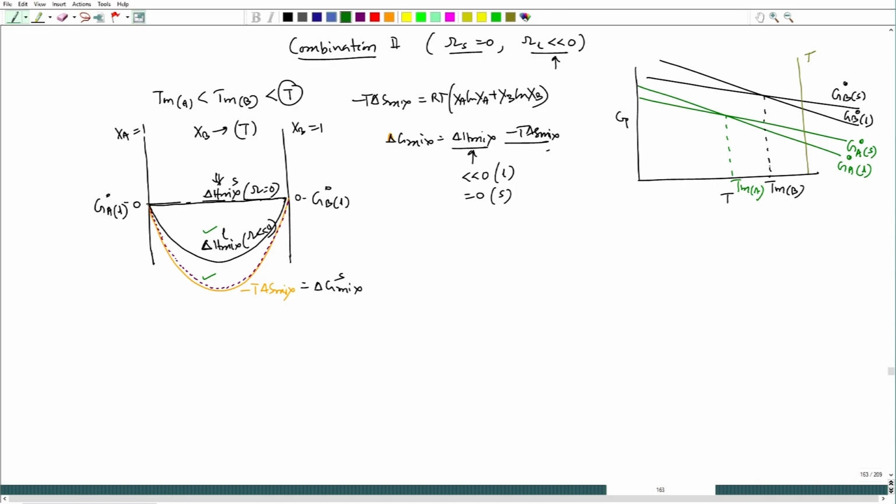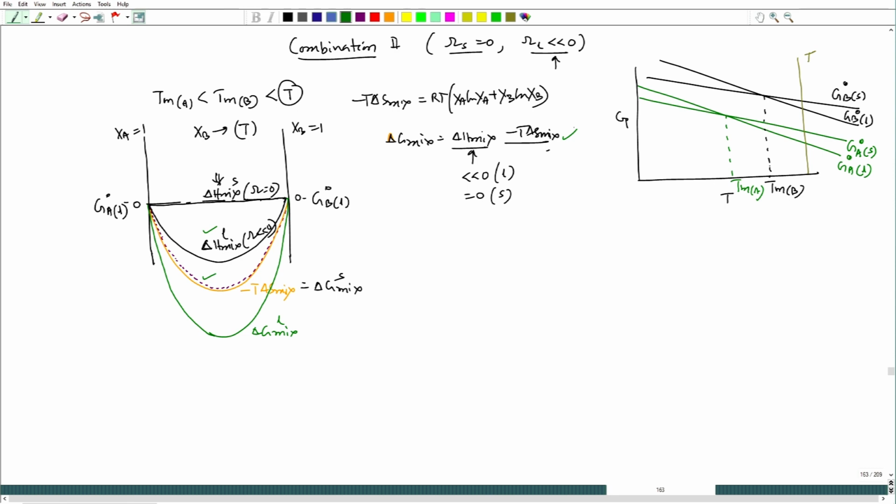That plot would be, we have just added them. So, this is delta G mix for liquid, which is nothing but delta H mix minus T del S mix, the same formula. Okay.